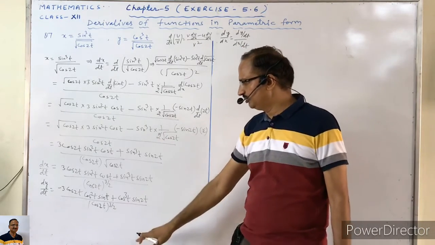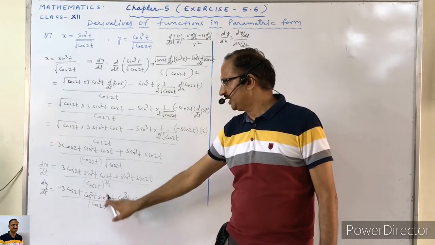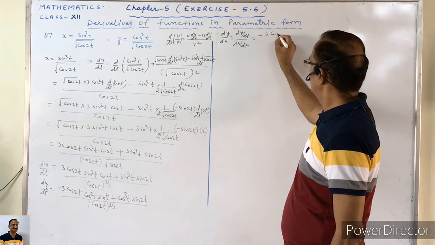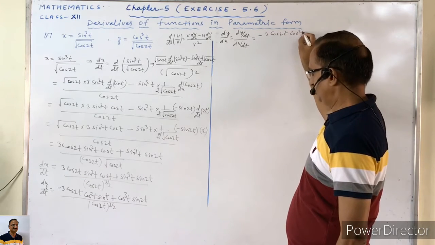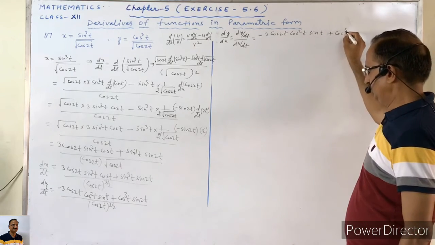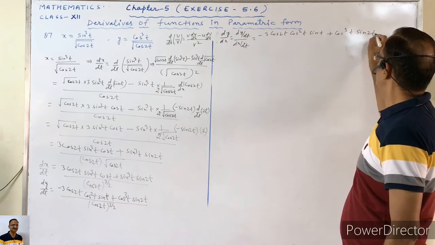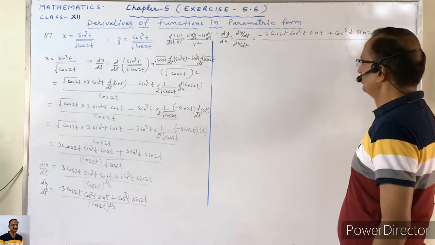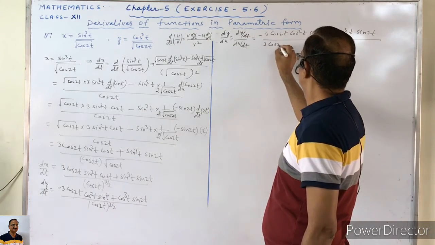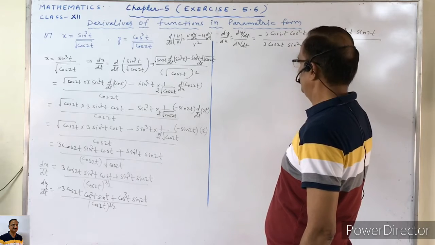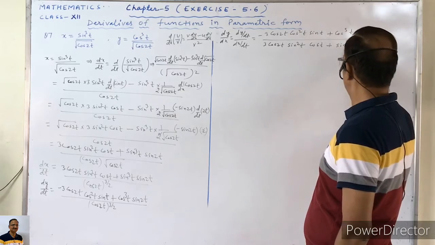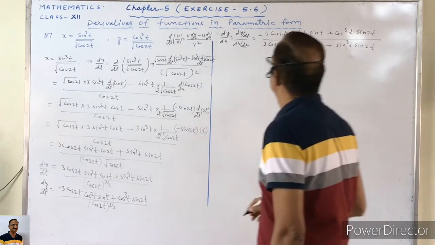When we divide these two, the denominators will cancel out, and we will get minus 3 cos 2t cos square t sin t plus cos cube t sin 2t in the numerator, and in the denominator we will get 3 cos 2t sin square t cos t, and this is sin cube t and sin 2t.